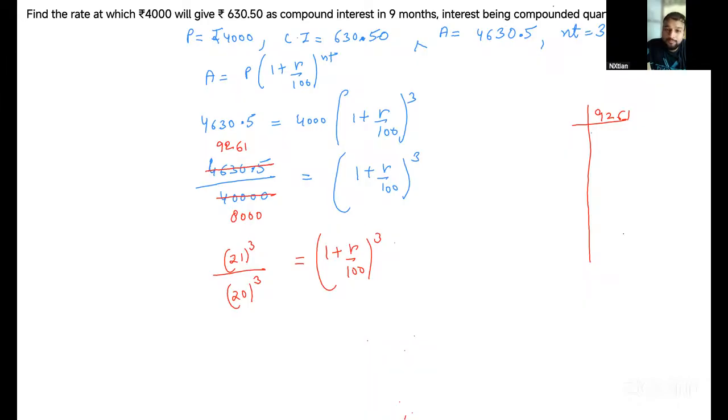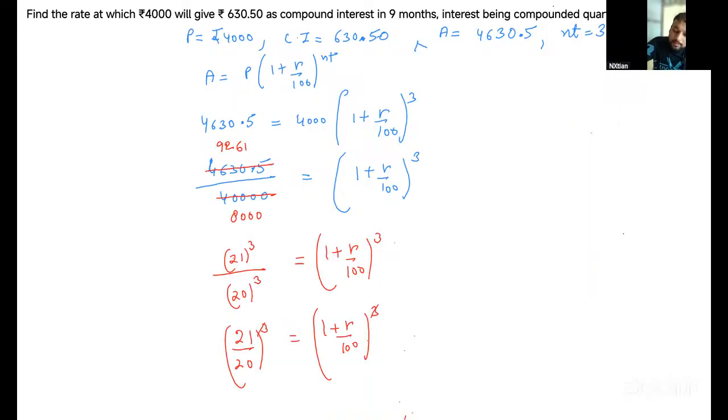Got it? Now this will become (21/20) cubed is equal to (1 plus r upon 100) cubed. This cube and this cube will cancel. So 21 upon 20 is equal to 1 plus r upon 100. 21 upon 20 is equal to (100 plus r) upon 100. Now if you solve it, this will go that side, this will go that side.